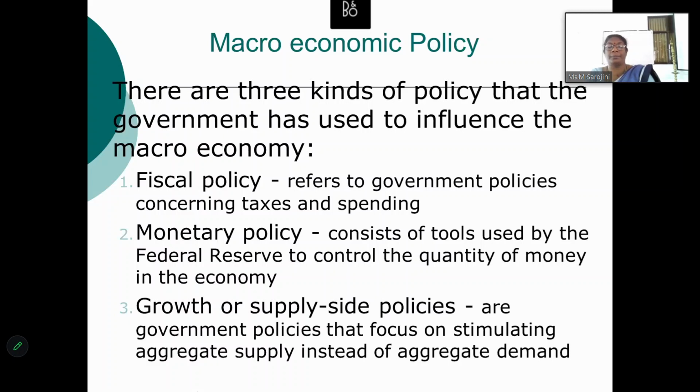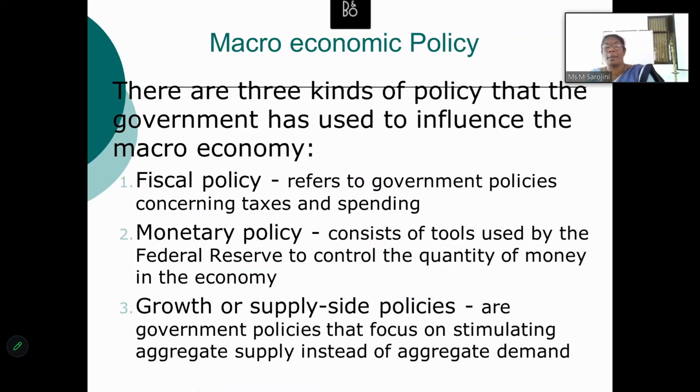And the second one is the monetary policy. The monetary policy is also a macroeconomic policy that is implemented by the central bank.